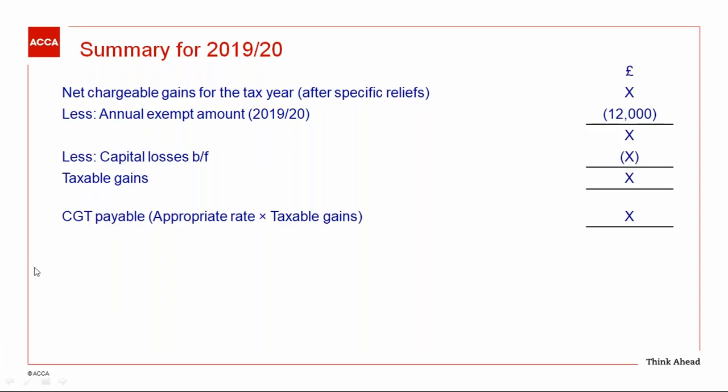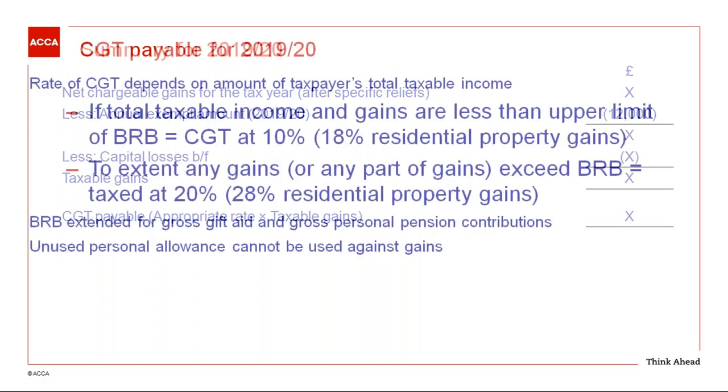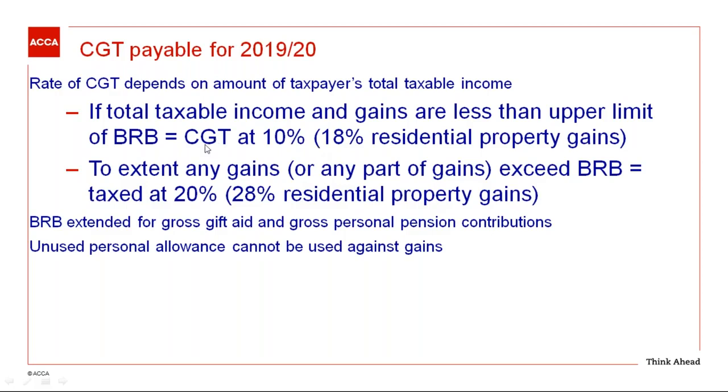And then the next thing, so here you can see, as a basic rate band taxpayer, normally 10%, but if the gain arises from a disposal of residential property, then it's at 18%.